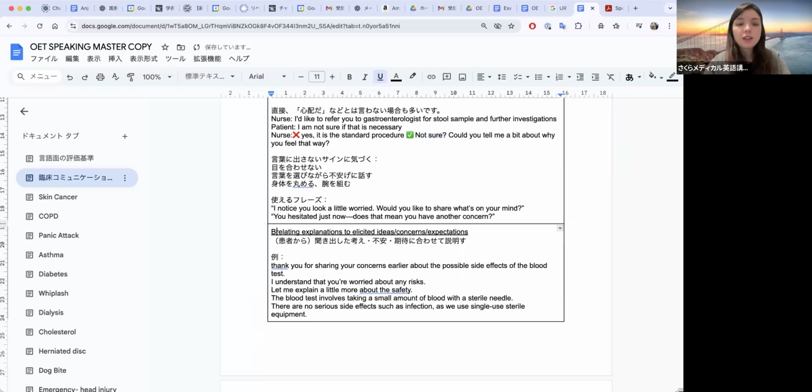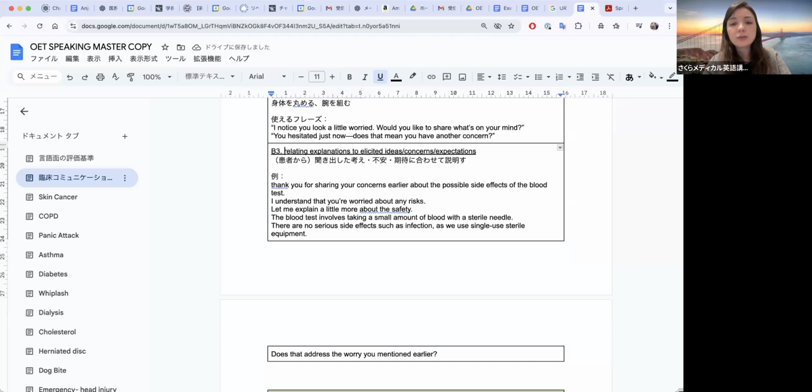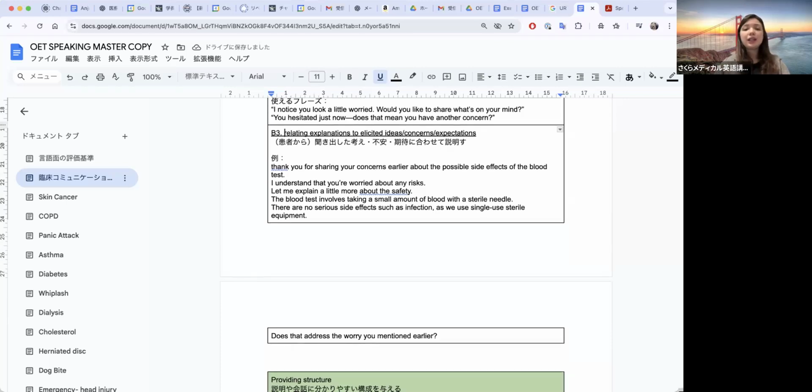B3, relating explanations to elicited ideas, concerns, expectations. So let's say they said, "Thank you for sharing your concerns earlier about the possible side effects of blood tests. I understand you're worried about any risks. Let me explain a little bit more about the safety."